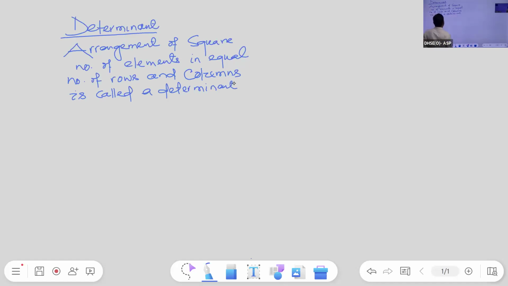Arrangement of square number of elements in equal number of rows and columns is called a determinant.